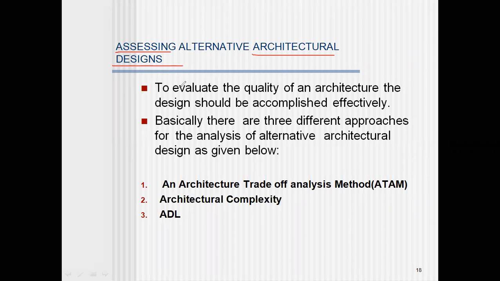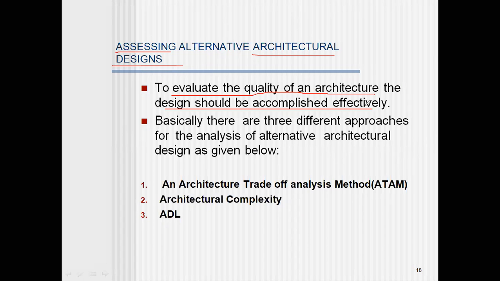So first of all, to evaluate the quality of an architecture, the design should be accomplished effectively. If you want to measure the quality of an architecture, how to measure? Before measuring the quality of your architecture, first of all you should finish your design completely or successfully.